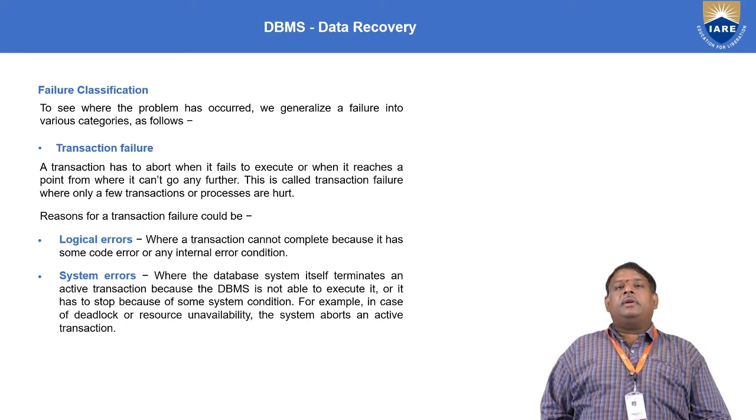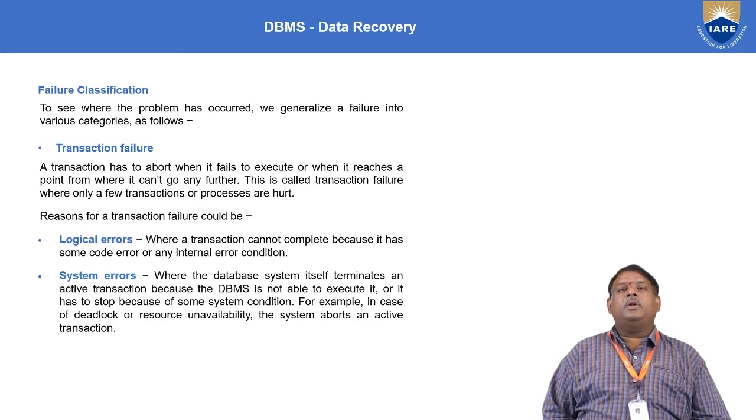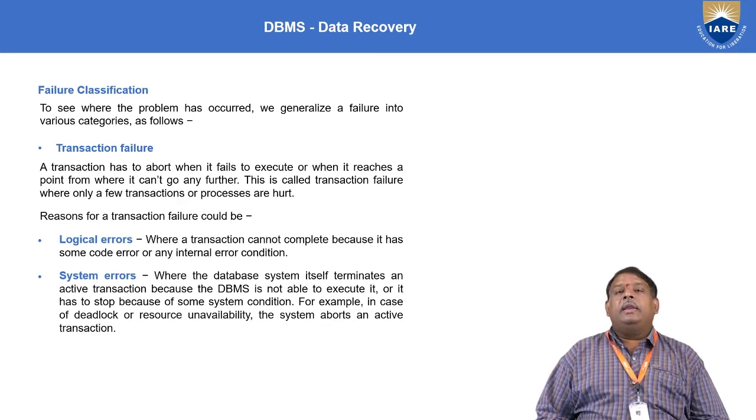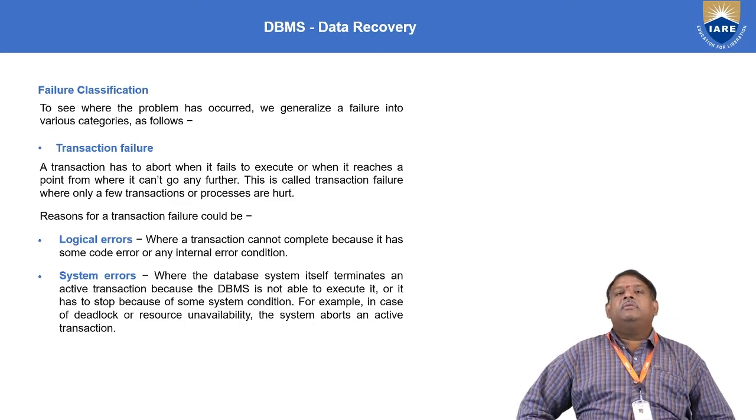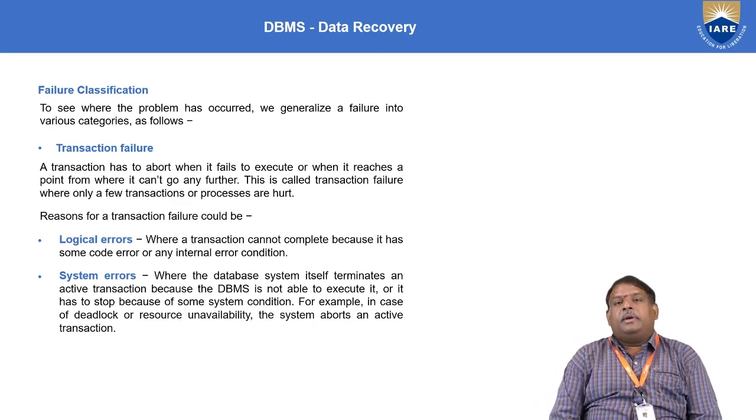The reasons for a transaction failure could be logical errors, where a transaction cannot complete because it has some code errors or any internal error conditions. So due to logical errors, there would be a transaction failure. What are system errors?